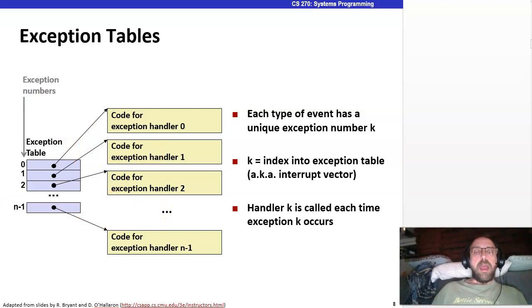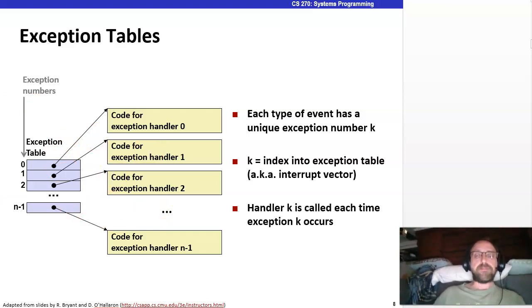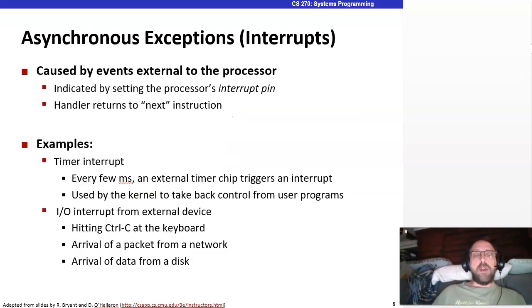So how do exceptions get triggered in the first place? Well, there are two different kinds or four different kinds, depending on how you look at it. Talking about two different kinds, they're asynchronous and synchronous exceptions. Synchronous exceptions, we'll see in a minute, will divide up into three other kinds, but asynchronous exceptions are things that happen external to the processor. They're also known as interrupts.